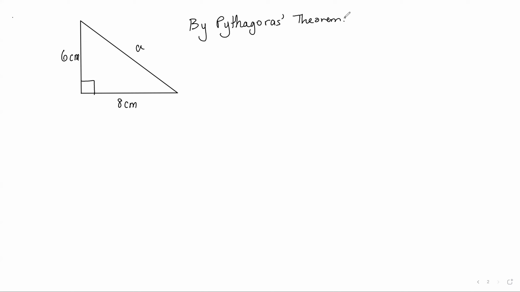So by the theorem, the length of the hypotenuse, which is represented as A squared, would be equal to 6 squared plus 8 squared. The square of the hypotenuse is equal to the sum of the squares of the other two sides. So therefore, A squared is equal to 6 squared, which is 36, plus 8 squared, which is 64.